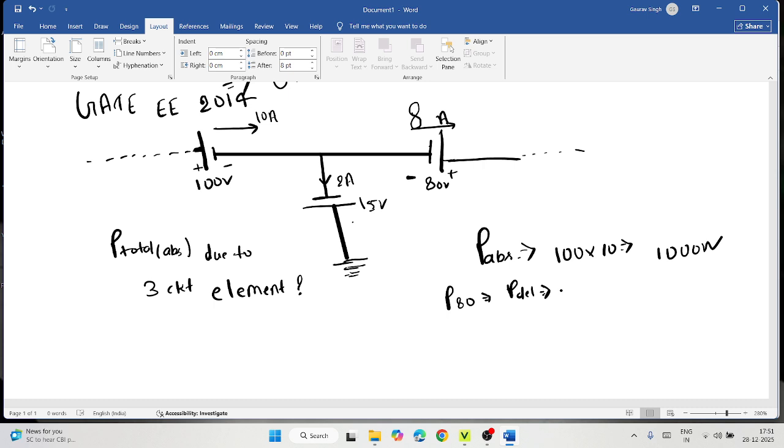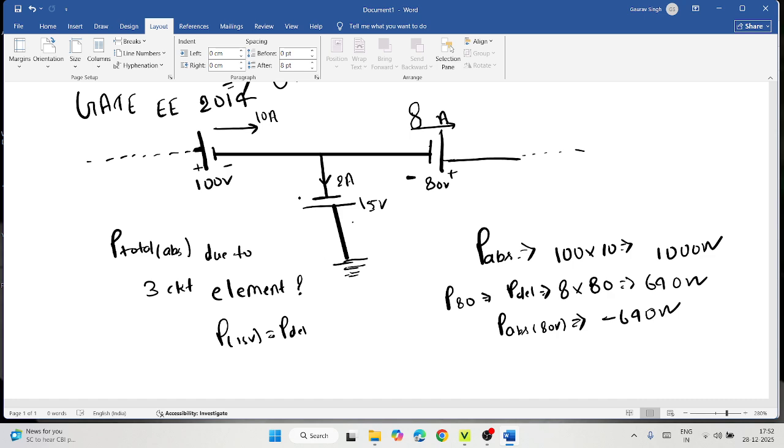So the total delivered power is 8 ampere times 80 volt, so 640 watt, and the negative of that, the power absorbed in the 80 volt voltage source, is minus 640 watt. And what is the power absorbed and delivered in the 15 volt voltage source? This is also delivered power. Why am I saying that?